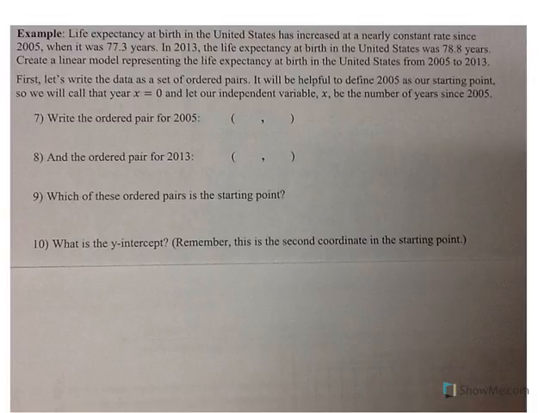Now, the big thing is that, remember, when you're talking about y-intercepts, the number that falls here should have an x value of 0, because the y-intercept is where it crosses the y-axis, and at the y-axis you have an x value of 0. Therefore, if we're going to start in 2005, that means for 2005 x equals 0.